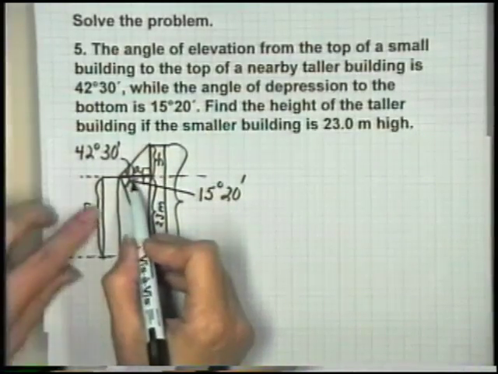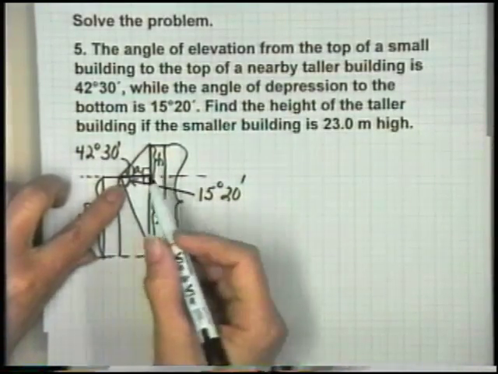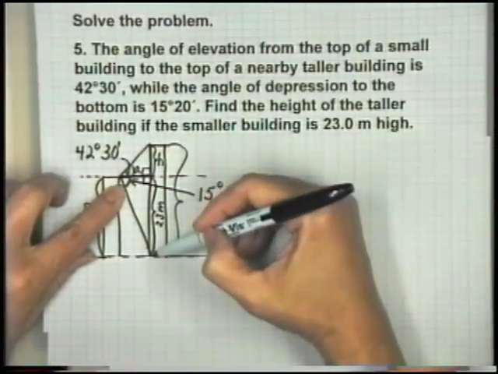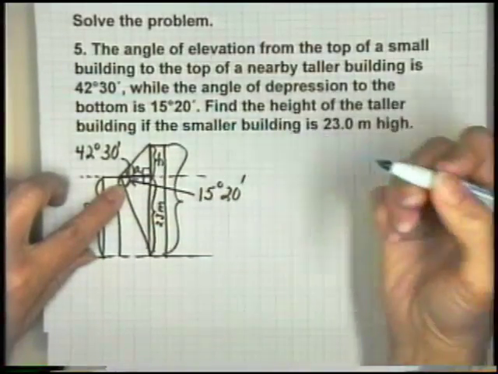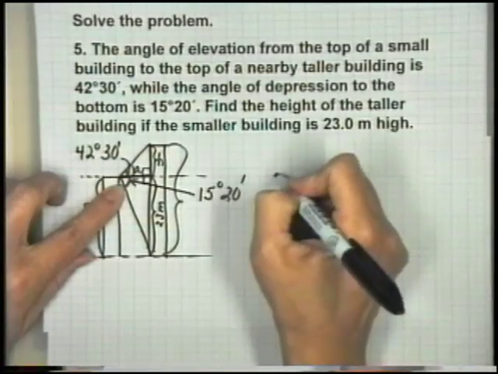Side A is adjacent to my angle that I know right here. And the 23 meters is opposite the angle I know.